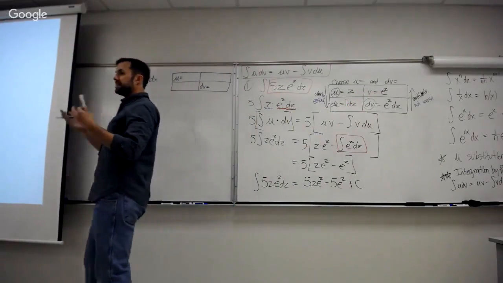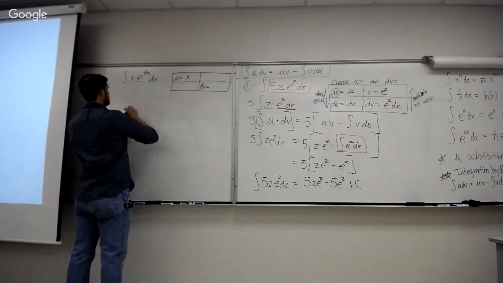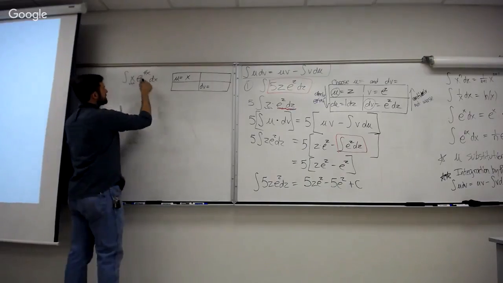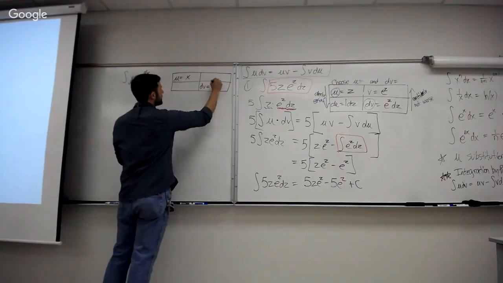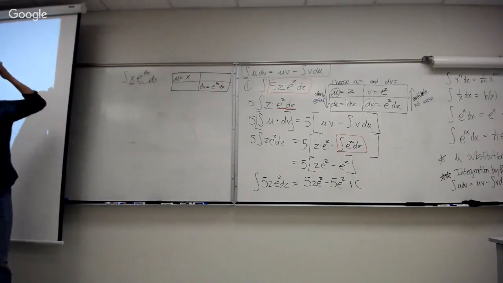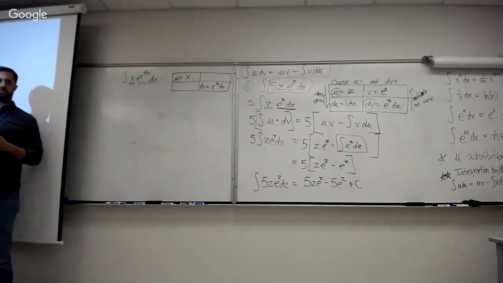So again, I'm going to tell you what the right choice is. The right choice would be to let u equal x. That would account for this piece. And then let dv be the other piece, which is e to the 4x dx. I claim those are good choices.